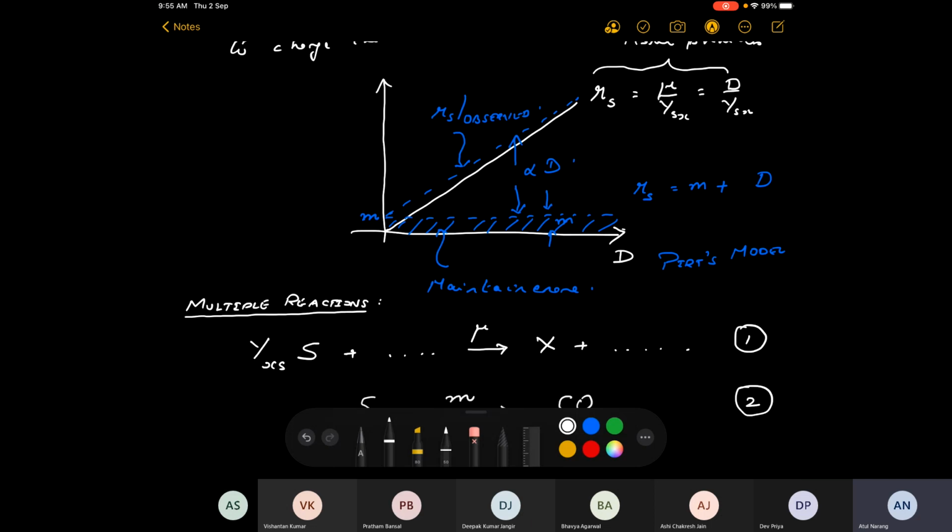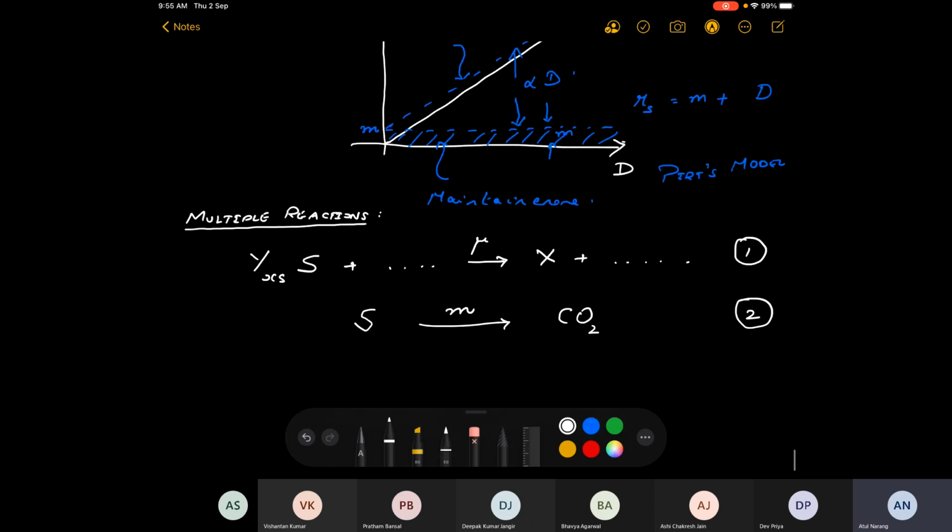Now, as we have already shown, your substrate uptake rate and oxygen uptake rate were not tightly coupled to growth because these rates were not directly proportional to D. They had a positive intercept.